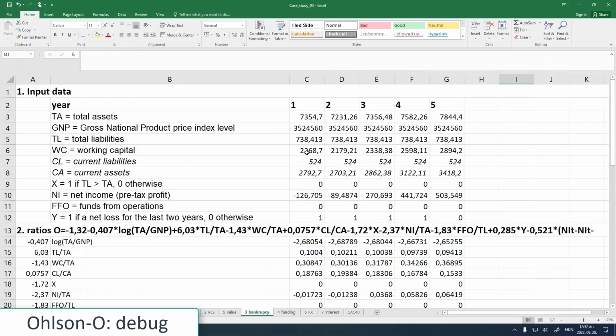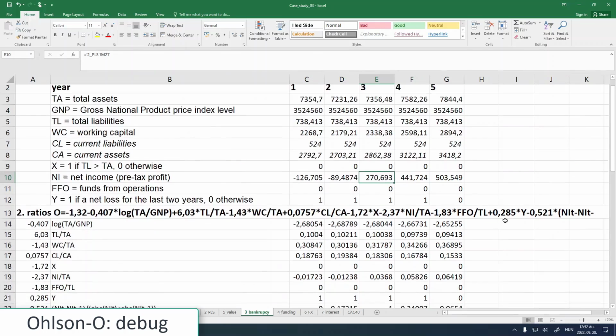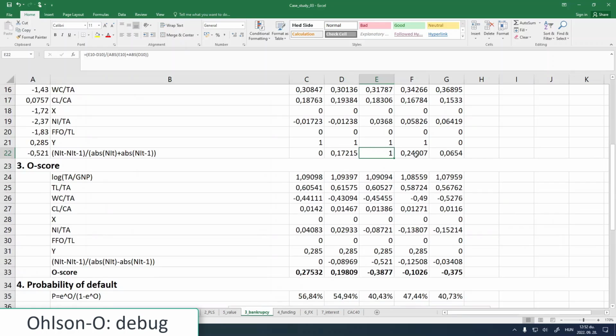problems here. So we have working capital, we have net income. Net income is considered here and it's growing. It's also growing. Just in this case, if there is a growth, then it's highlighted here.